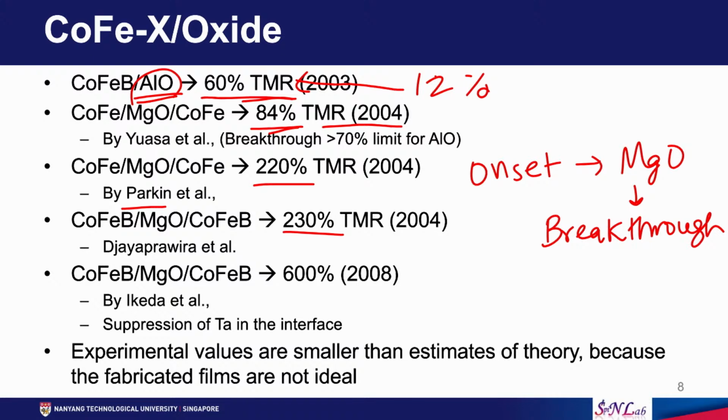Okay, so after that people did some research. In the laboratory we can have 600 to 1000% TMR, but as I mentioned, in the industry they can achieve 200% TMR reasonably well. Okay.